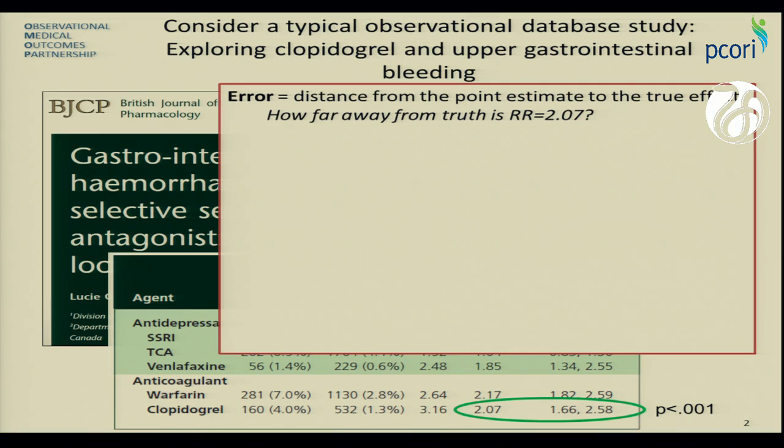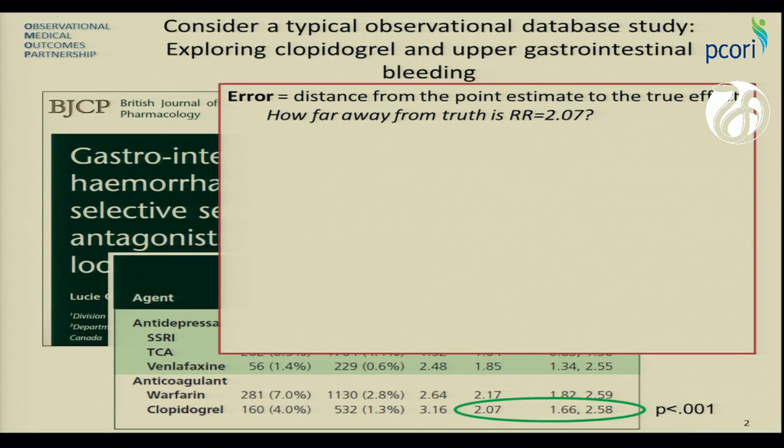So just in terms of terminology, one of the things that we've been trying to think about is how to classify this information from what we can learn from observational studies. Specifically, when I think about error, I'm thinking about the distance from the point estimate to the true effect, which is inherently unknown.